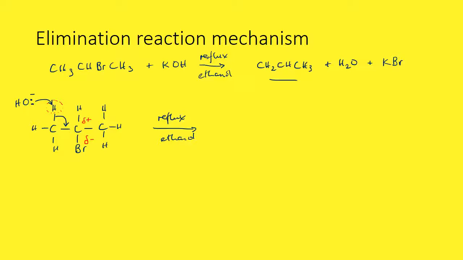So let's draw what we've done so far on the product side. We've got carbon, hydrogen. It's lost its top hydrogen. Still got the 2 other carbons, but it has formed a double bond with the adjacent carbon there.